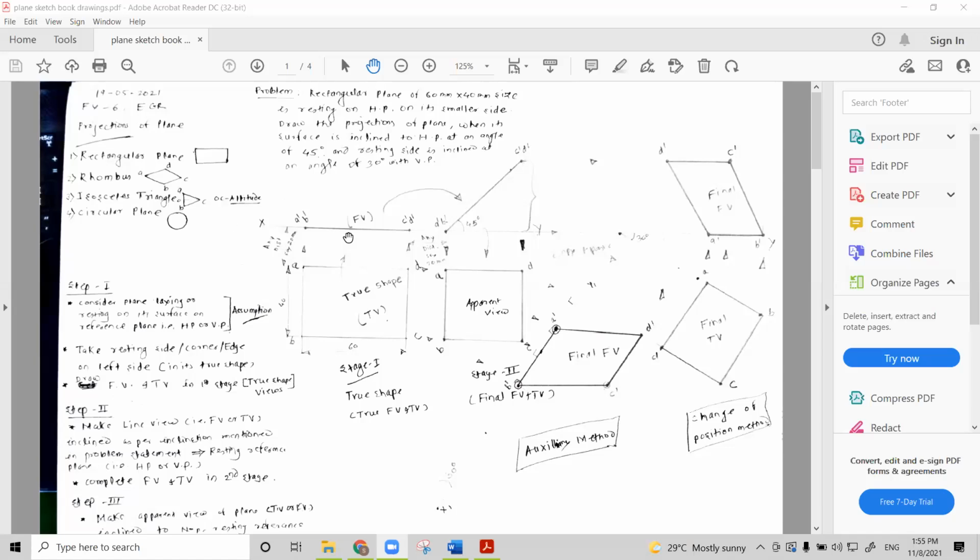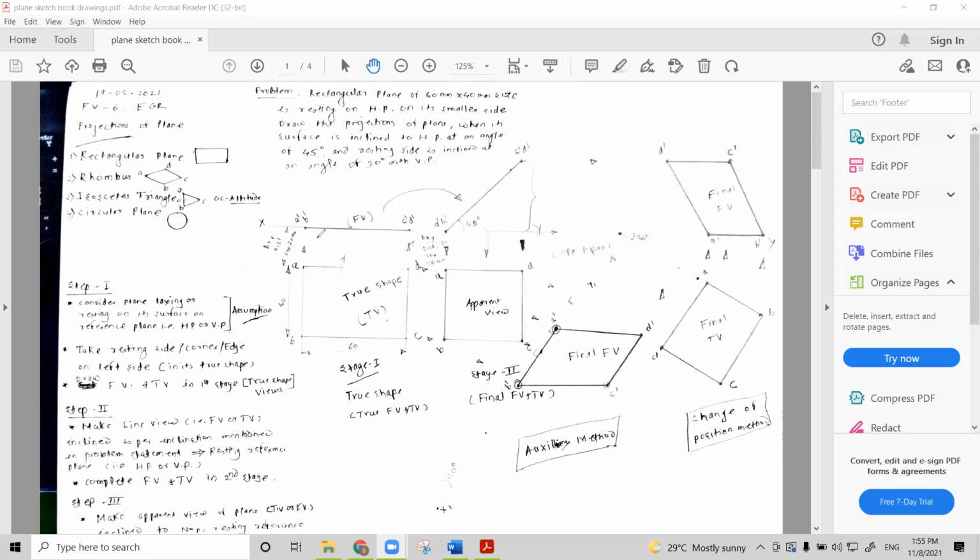So according to this problem statement, the rectangular plane is resting on HP on its smaller side. It means your top view, that true top view, will be on HP, and that will be, of course, below the XY line.